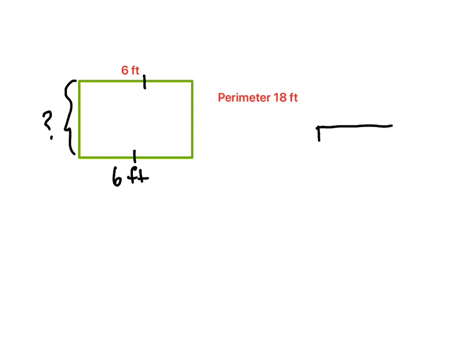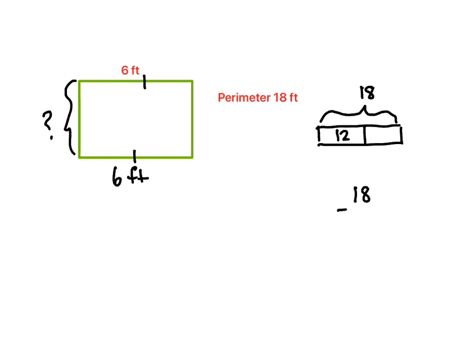If I know the total perimeter of this shape, if we're using a part whole model, is 18, then I know the length of two sides, 6 plus 6 would be 12, is going to make up part of that perimeter. I need to find that missing part. So if I know the whole is 18 and a part is 12, what would be that missing part?